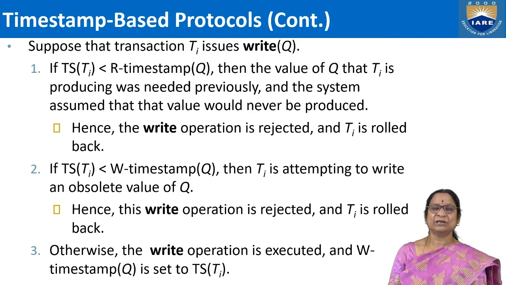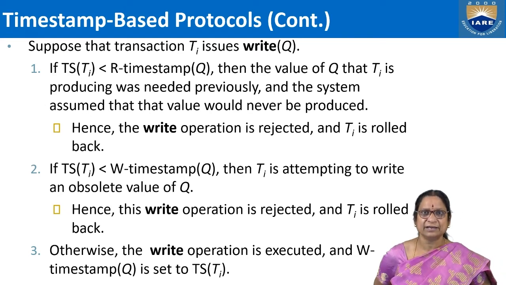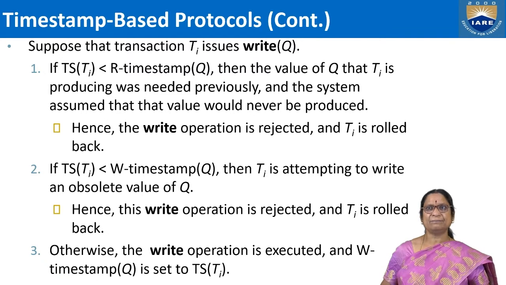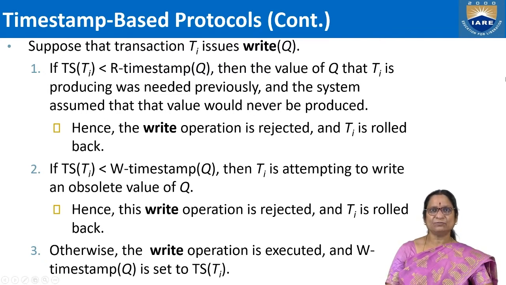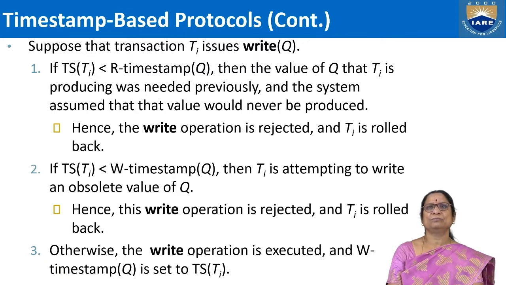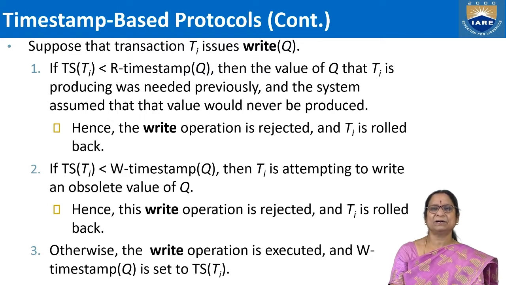Similarly, when a transaction executes write(Q), whether the write is going to be supported by the timestamp or not depends upon the following conditions. First, the timestamp of the current transaction is less than the read timestamp of Q, which means it was already read by one of the earlier transactions.